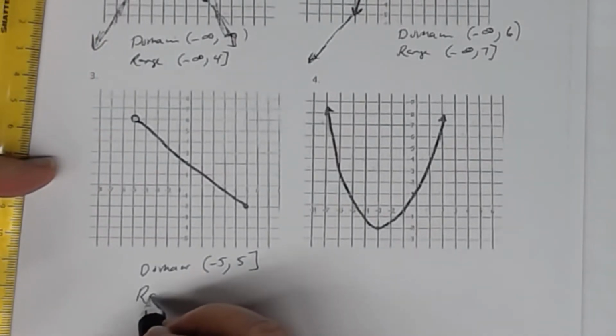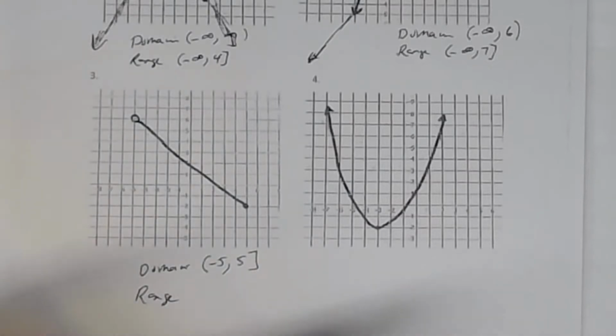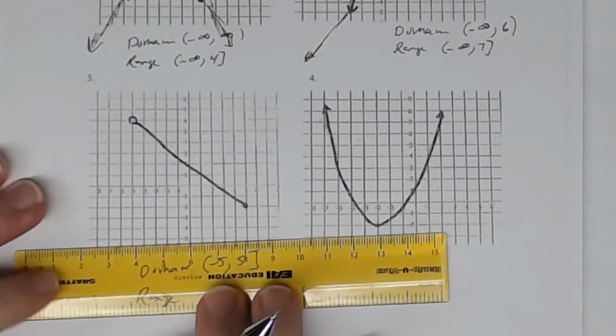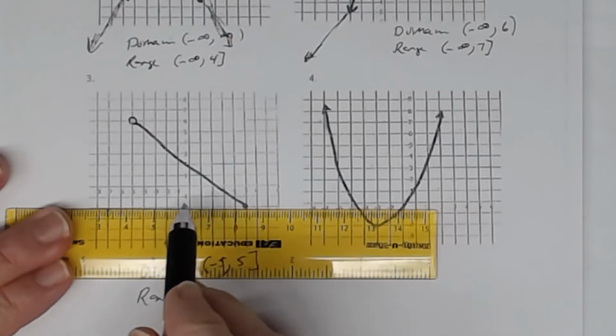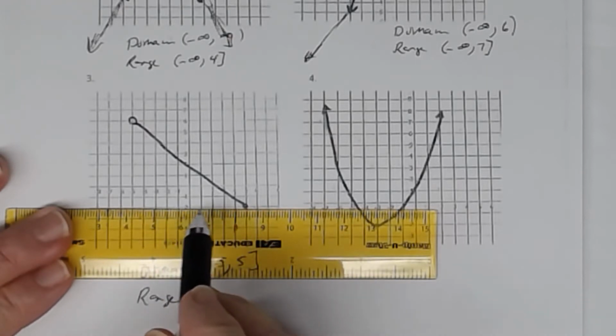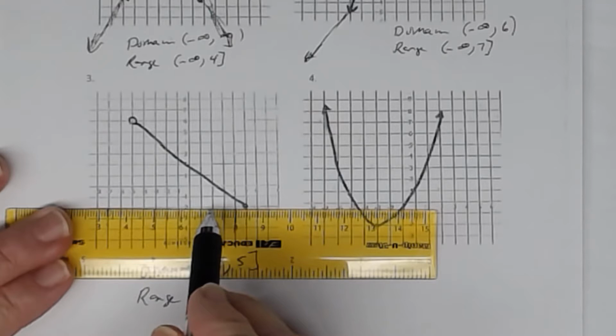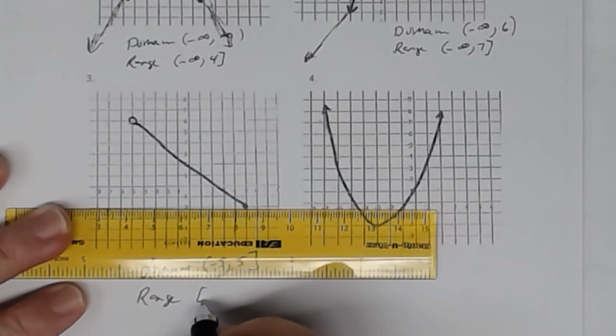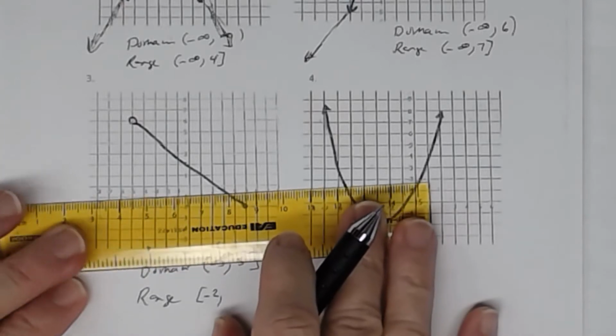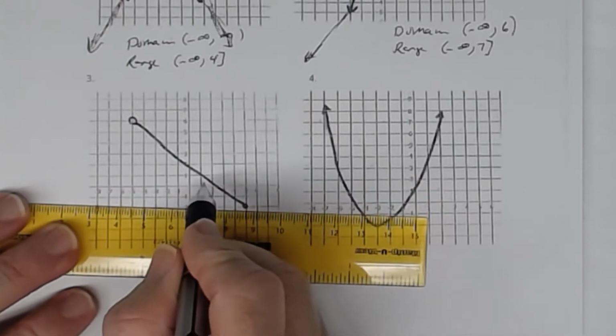The range, you go along the y-axis this time. So when I go along the y-axis, this is where I start. You have to look at that y value because the ranges are the y coordinates. So what is that y coordinate here? Well, that y coordinate is negative 2. Closed circle, so you're going to use a bracket. All the way, so you're looking at all these y coordinates.